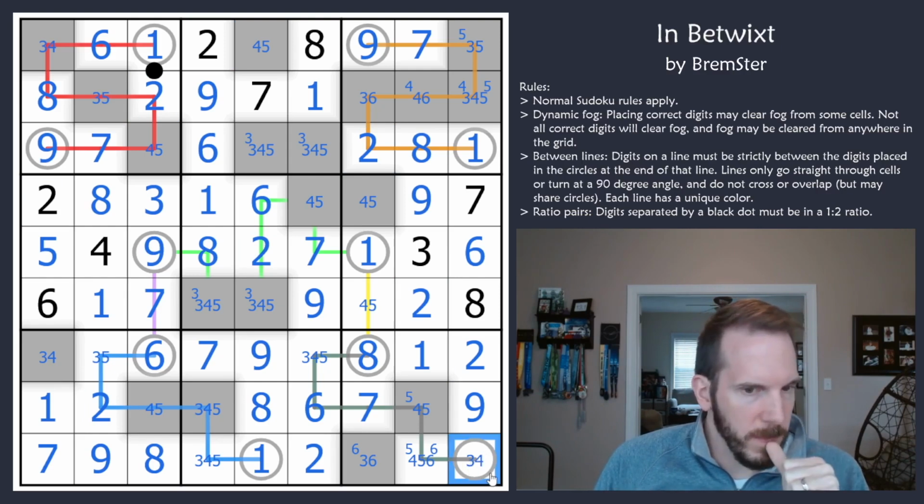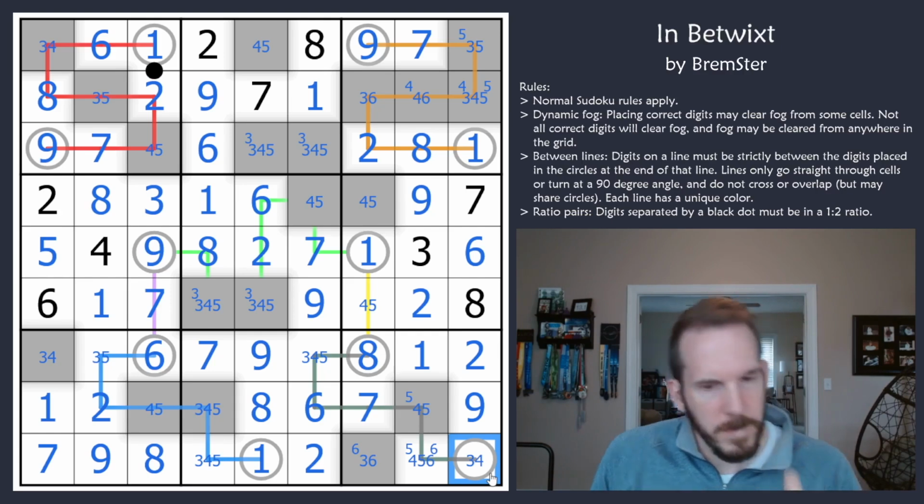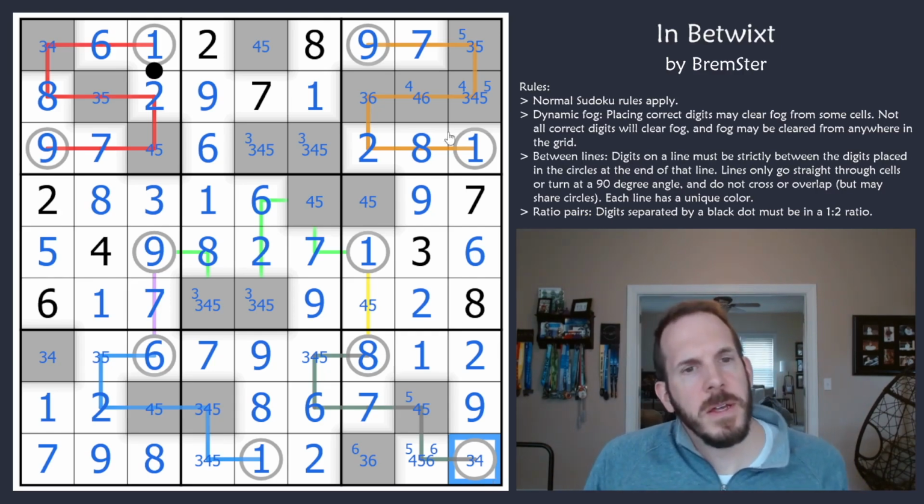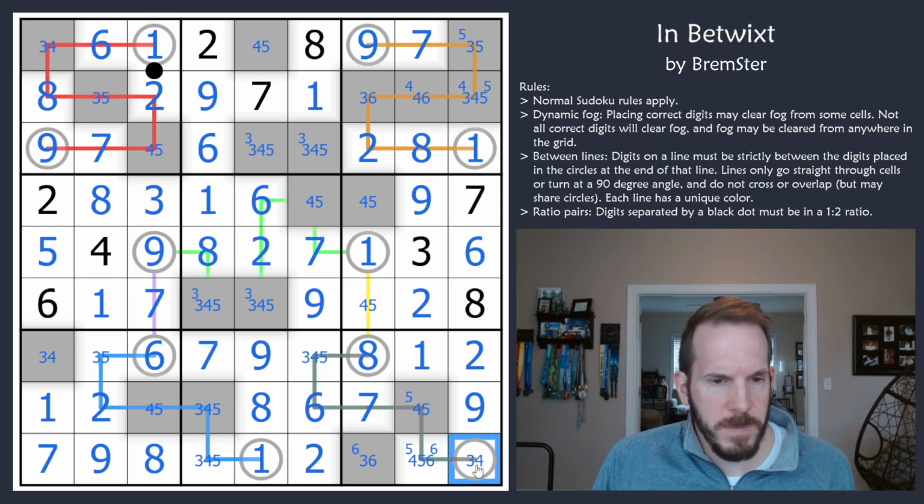So if this is a 4, or is it more restrictive if it's a 3? So if this is a 4, this is a 5-6 pair, and this is a 3.